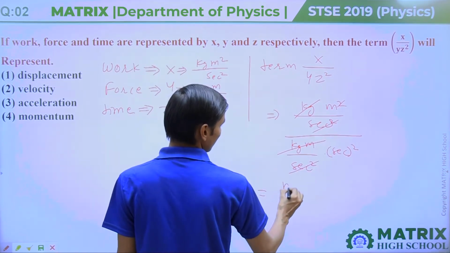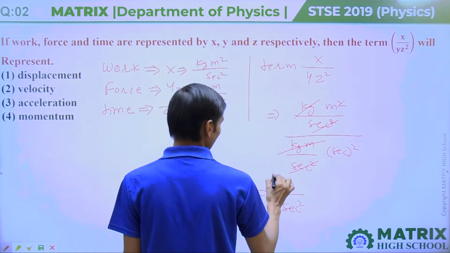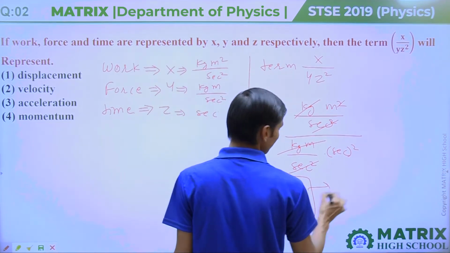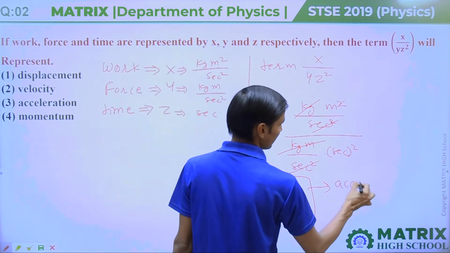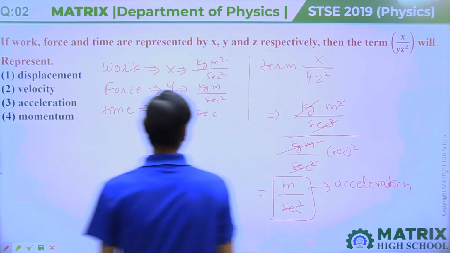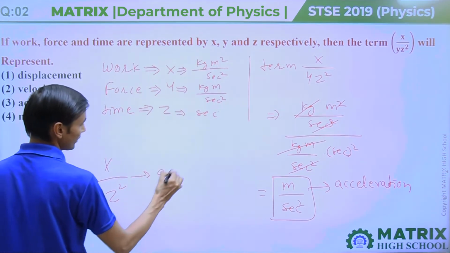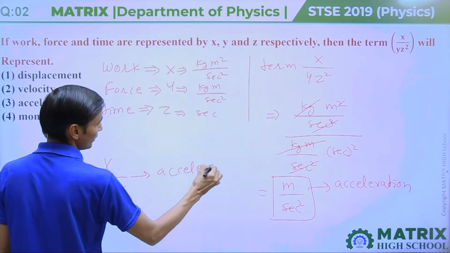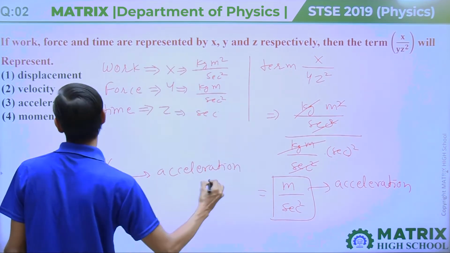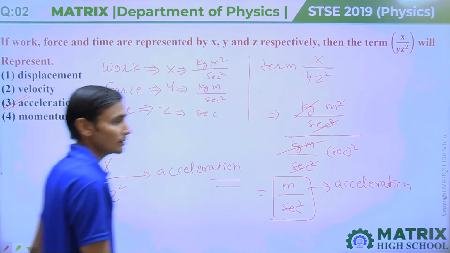So here it will come meter per second square, and we know that is acceleration. So X upon YZ square will represent acceleration. So the third option will be our answer.